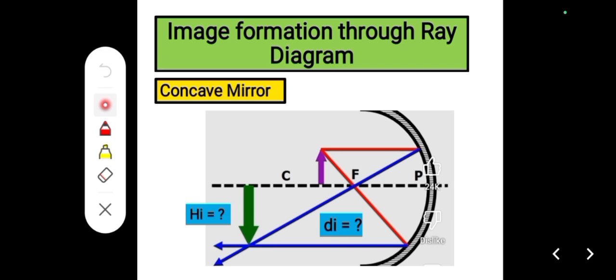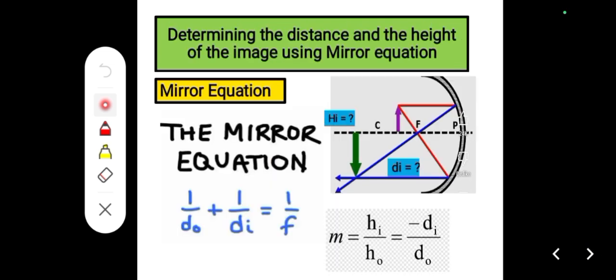What we only see is the location of the image in relation to the object. But we are not able to identify how far it is from the mirror and how tall the image is. This is where the mirror equation comes in. That's why I said I will integrate the ray diagram and the mirror equation.